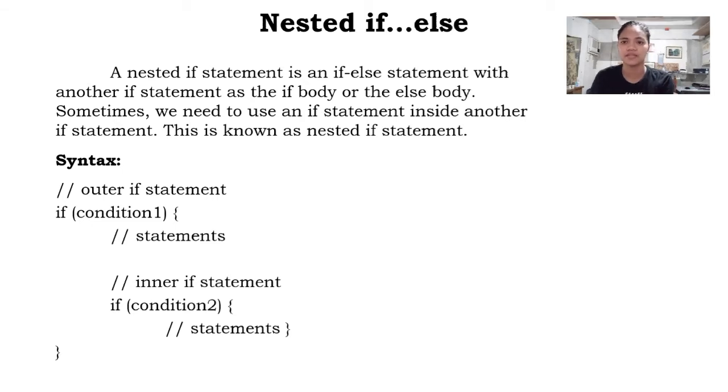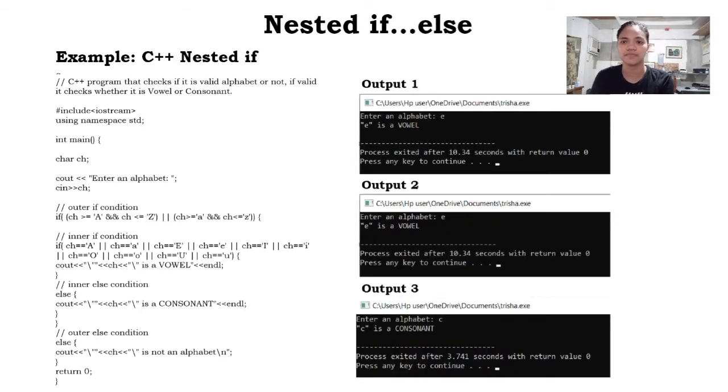Example of C++ nested if-else. A C++ program that checks if the input is a valid alphabet or not. If valid, it checks whether it is a vowel or consonant. In this example, we use an if-else statement to check whether the input is a valid alphabet. If true, then the inner if-else statement is executed.